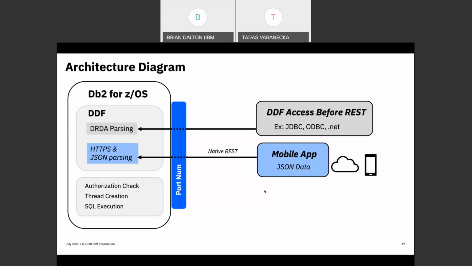So from the application standpoint, it all pretty much looks the same. You go through that port number to access DDF, and the rest is automatic, simple, and easy, the same exact way that it has been done before.